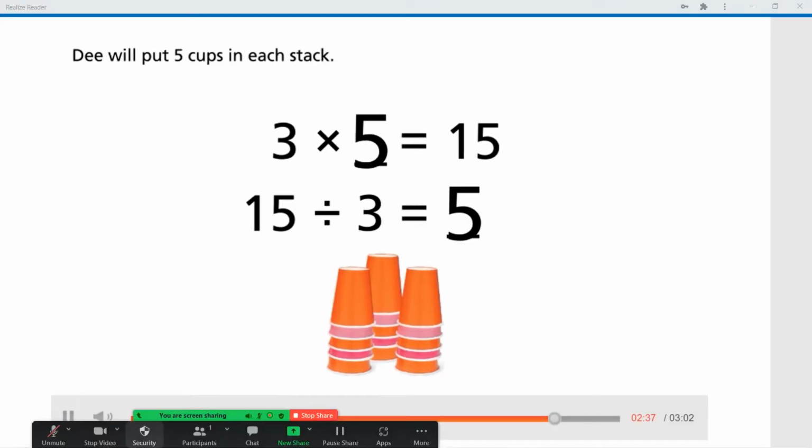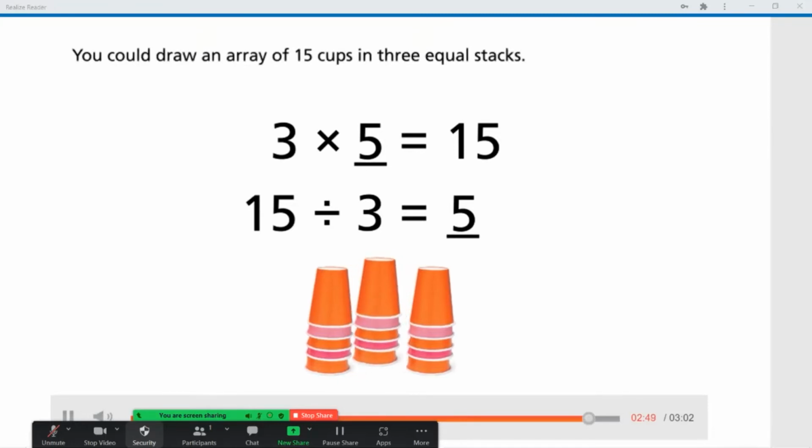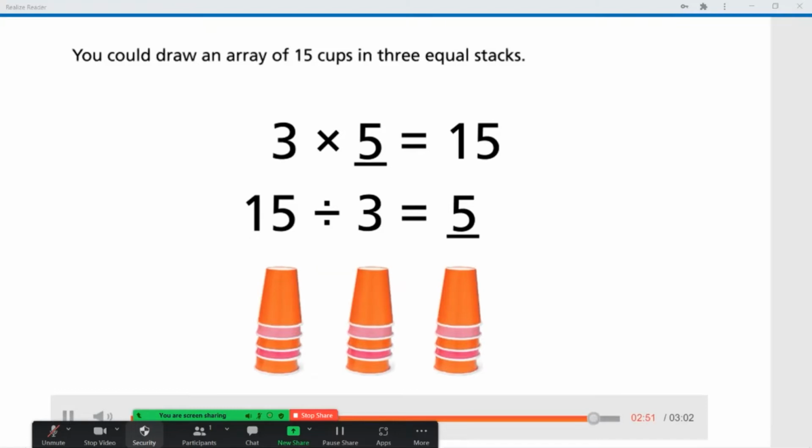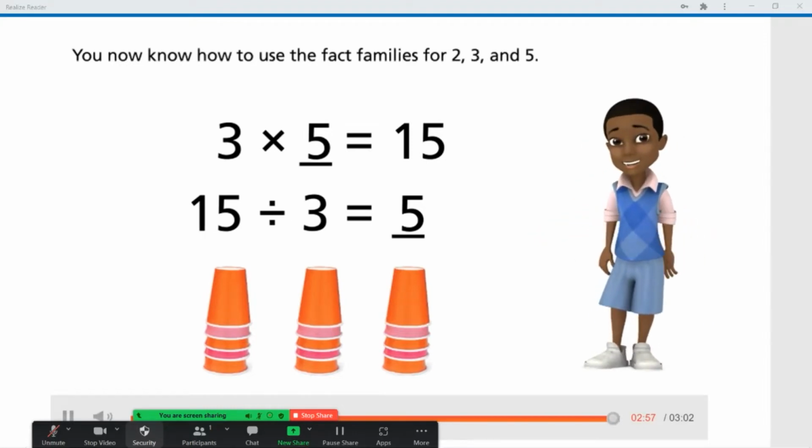D will put 5 cups in each stack. How could you draw an array to help you solve this problem? You could draw an array of 15 cups in 3 equal stacks. You now know how to use the fact families for 2, 3, and 5.